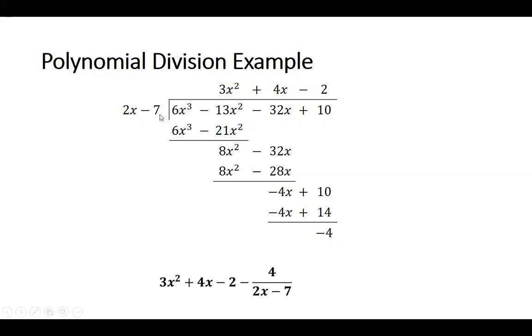The other thing we did is, this was subtraction: 6x cubed minus 13x squared minus 6x cubed minus 21x squared. Well, we learned way back in arithmetic that to subtract signed numbers, we convert them to addition of signed numbers by changing the subtraction to addition and changing the sign of the second number.